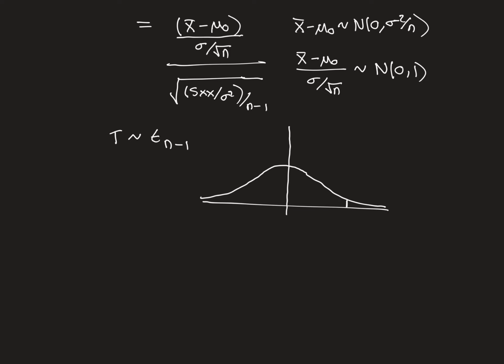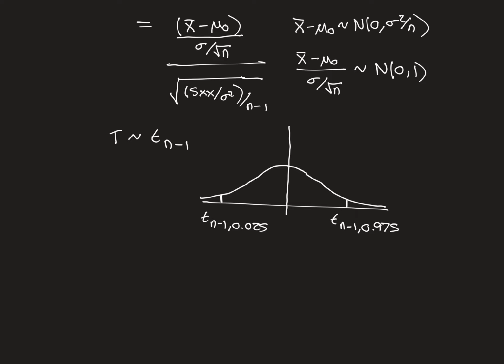Then you would say your critical region will be the two-sided critical region. We're working with a 5% significance level, so you'd want the t n-1 0.975 quantile here, and you'd want the t n-1 0.025 quantile here.